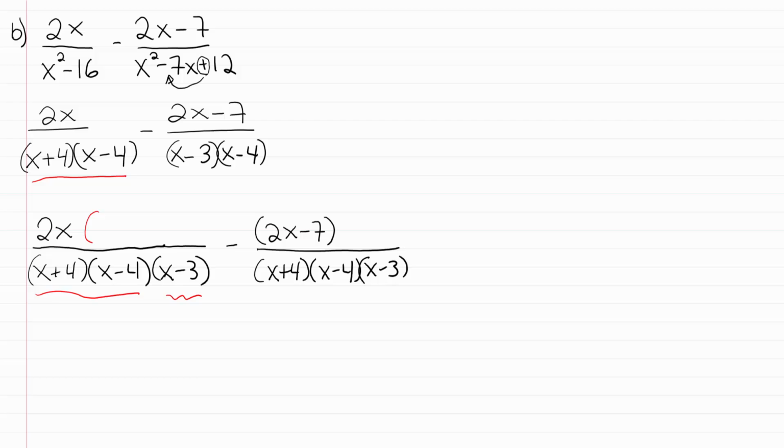So I'm going to multiply the top by that new piece because the bottom was multiplied by that new piece. Let's do the same with the next fraction. Looks like that fraction has x minus 3, x minus 4. So x minus 3, x minus 4 is here. So the new piece is the x plus 4. So I need to multiply the numerator by that same piece, x plus 4.